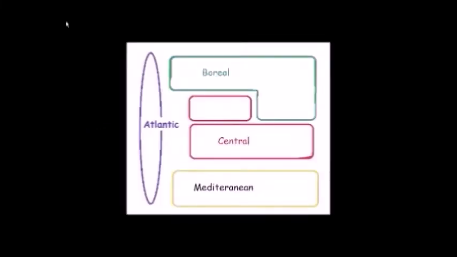So the next stage, I think, was a bit like this. It got warmer again. It had got warmer in the centre, so you get the Celtic expansion around that central zone, and then it carries on getting warmer, but it's more west to east. Originally this boreal zone had been cold and wet in the west, and cold and dry in the east, and then it gradually got warmer.